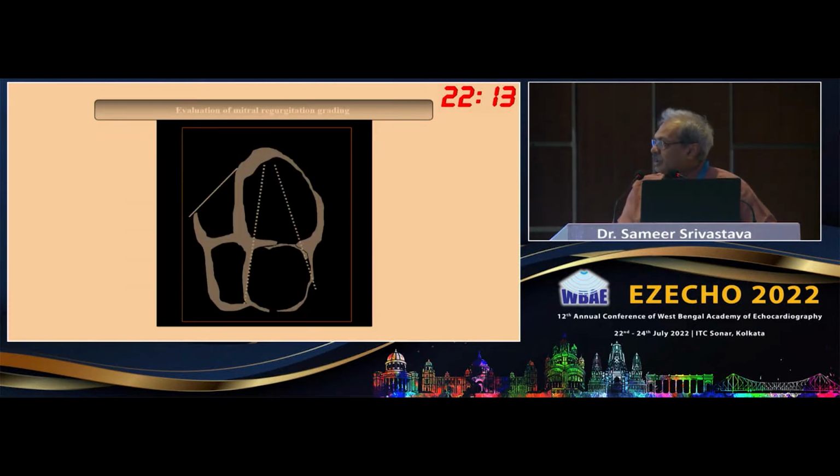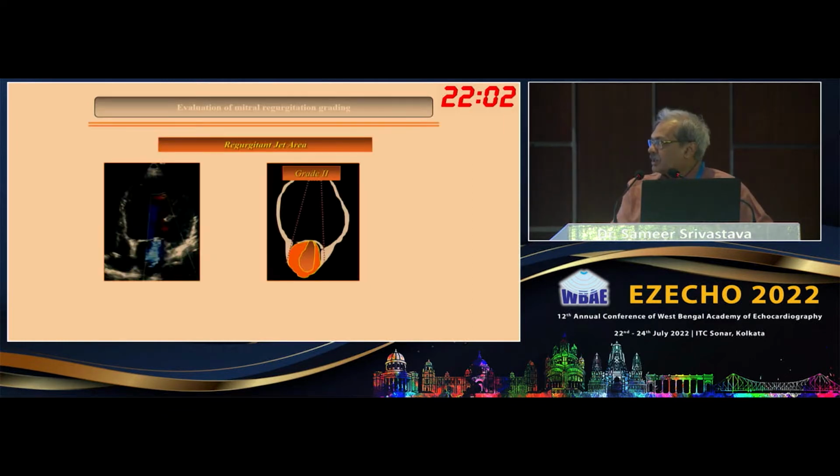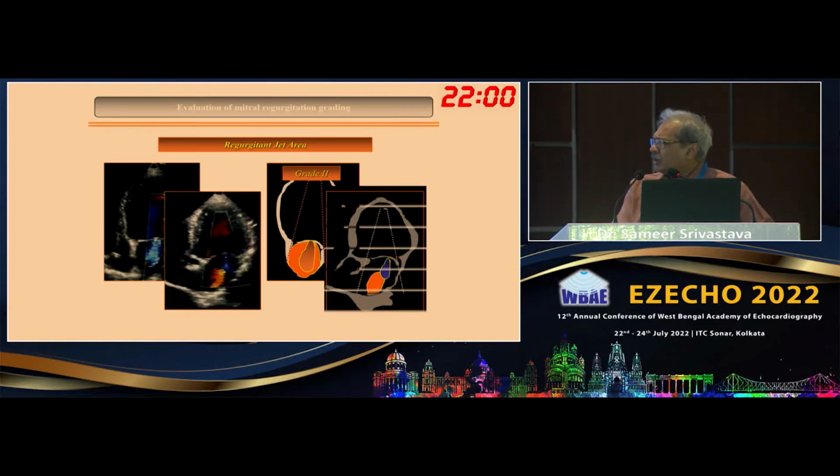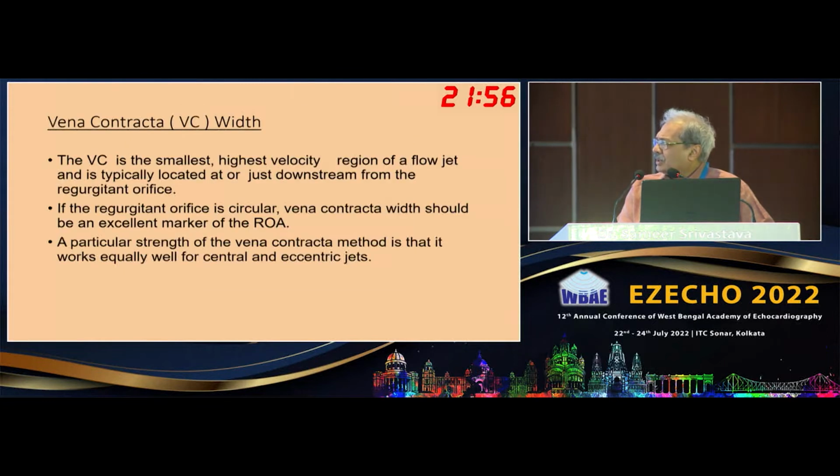This is to tell that this is not the true area of mitral regurgitation. If you look at it, it twirls and comes here, and it is much more than what it appears. Not going into the details of mild, moderate, severe, we have lived with it.